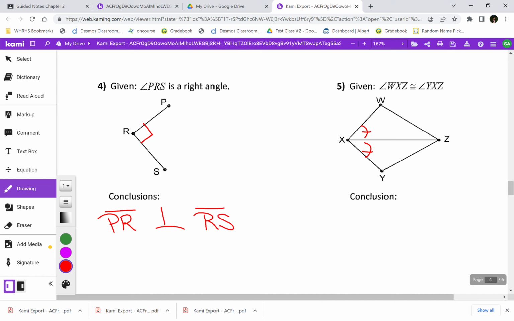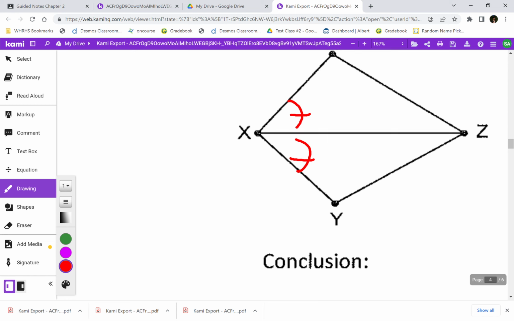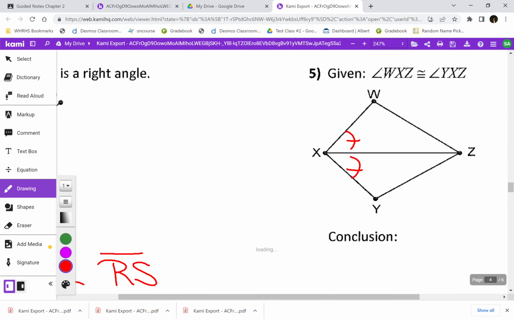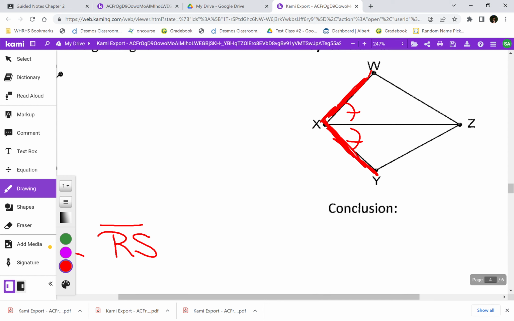All right, angle WXZ, so look at how I marked it, is congruent to angle YXZ. The best conclusion is that this big angle I'm highlighting in red has been bisected. So we should have written XZ bisects angle WXY. That is the best conclusion.